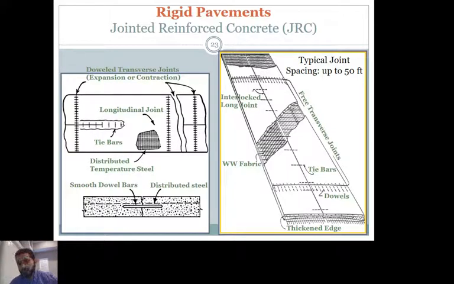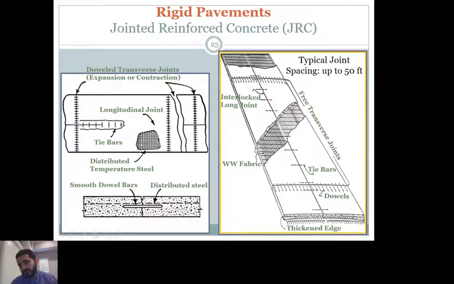Jointed reinforced concrete, which is again, now we can see more reinforcement in such a structure. We now have three different types of structures. We have the tie bars, which tie two adjacent slabs, and we have dowel bars. So this is in the longitudinal direction of the traffic, and we also have what we call the welded wire fabric, WWF.